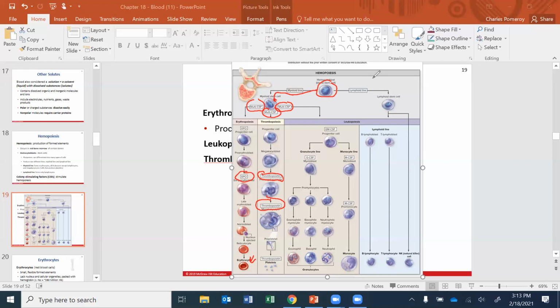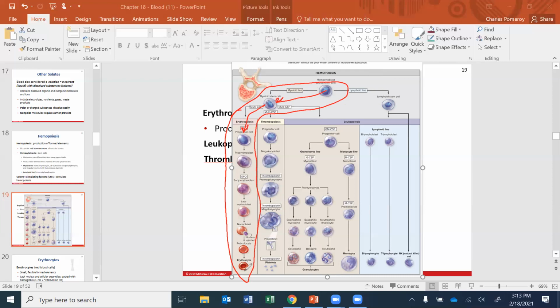Now, to be more specific, if you're talking about just the production of red blood cells, that includes those guys there. So you go here to here, and then there to there, and then you make your red blood cells. That's called erythropoiesis. Erythro means red blood cells, so erythropoiesis means the formation or production of red blood cells.